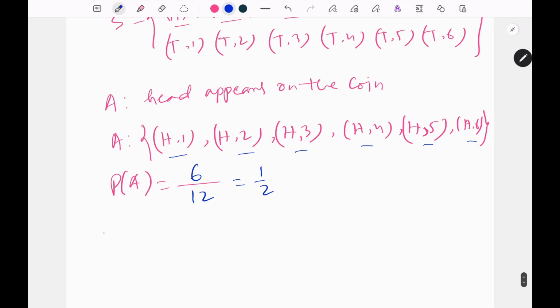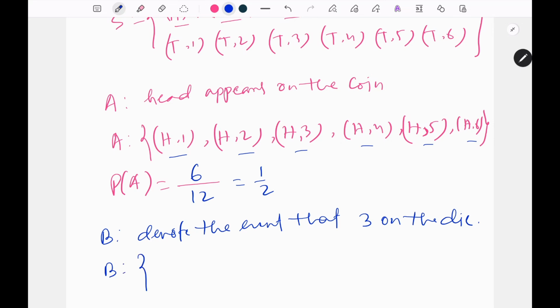And in the question it is given that B denotes the event that 3 is on the die.